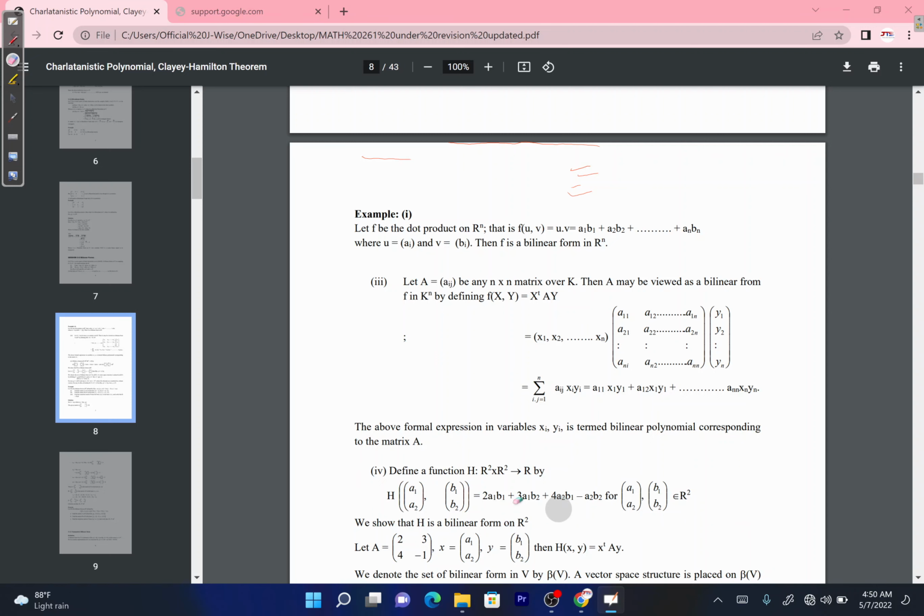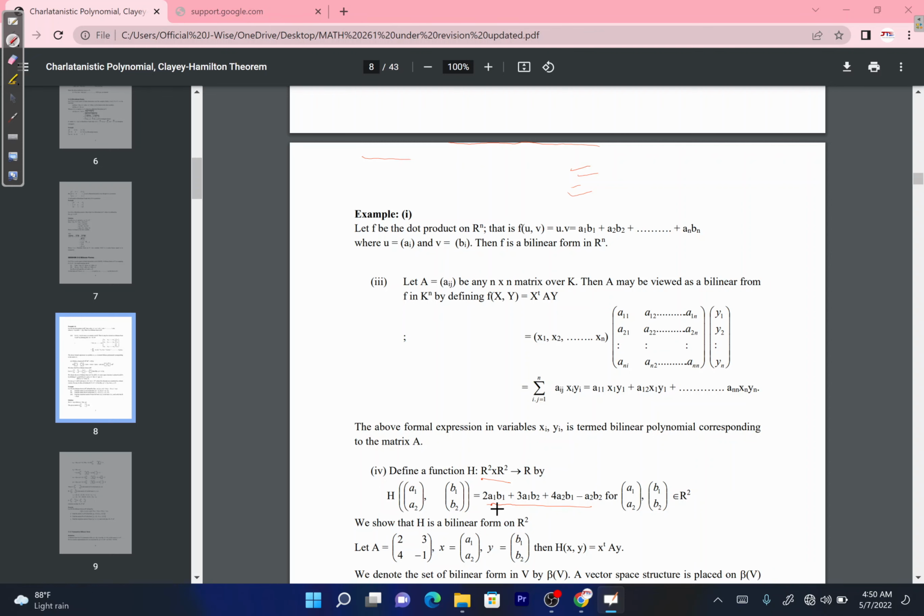Now let's look at this example. When you have f of two vectors of 2 dimension, A1 A2 and B1 B2, equal to this, you can write this in the form of a matrix. The coefficient of A1 B1 is 2.